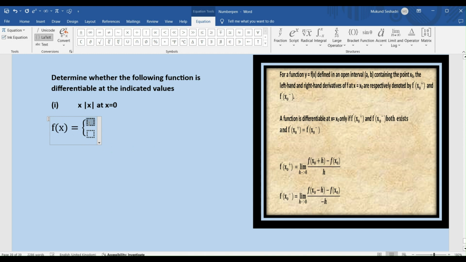and for all x greater than or equal to 0, my mod x becomes x, so it becomes an x into x. And then for all x lesser than 0, my mod x becomes minus x, right? So I will still have my x and I will have minus x into x, right?